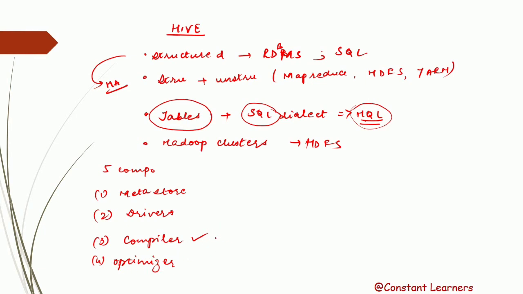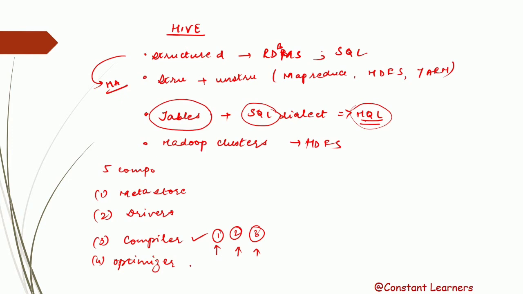So the compiler gives multiple solutions. Suppose this is a method of getting the output, this is another method, and this is another method. Now the optimizer chooses which is the best method, whether this is the best method that is going to take less time, or this one that takes less time and less effort.